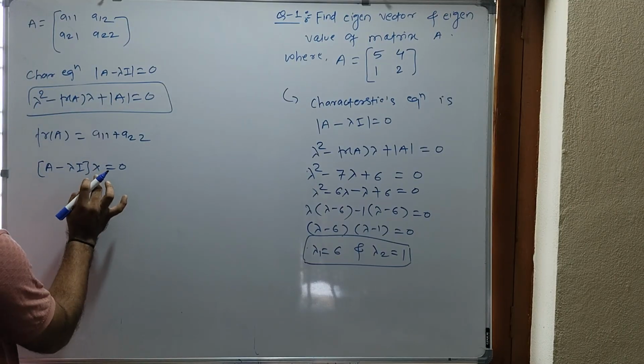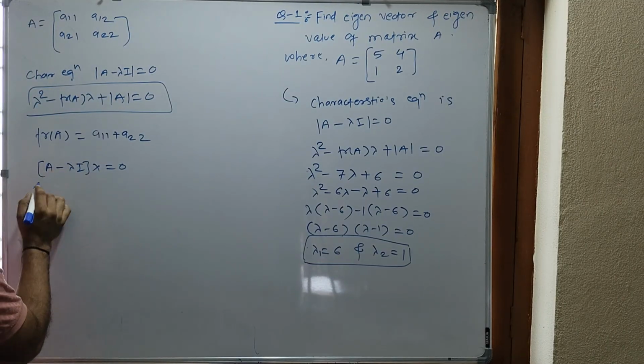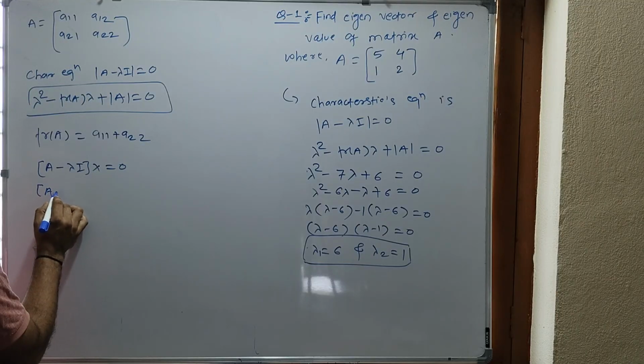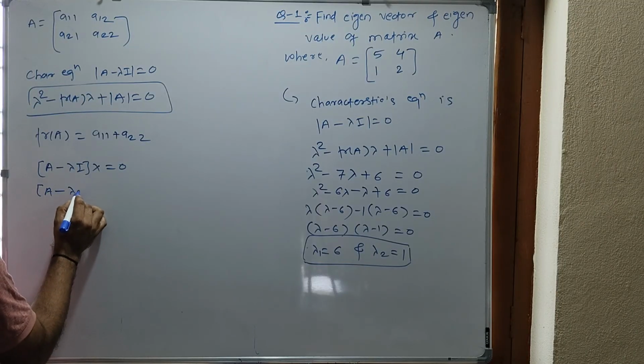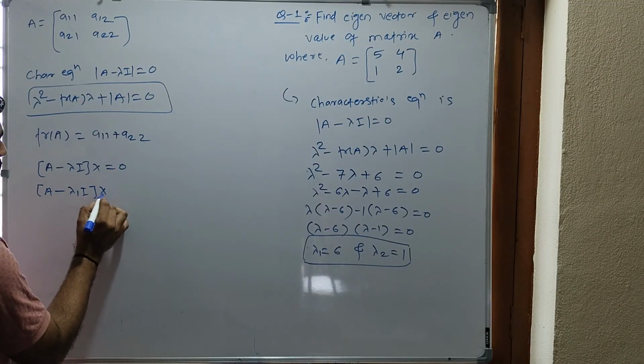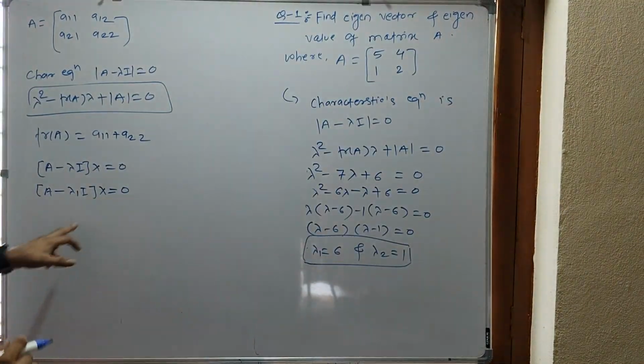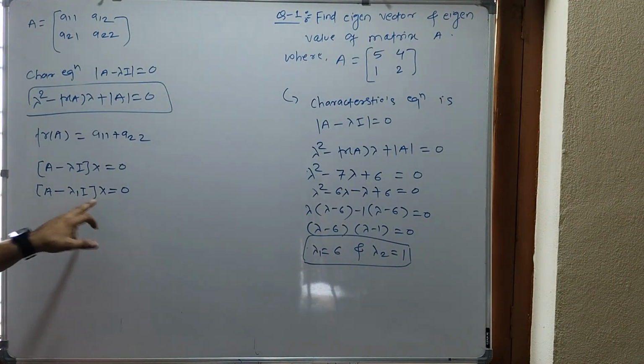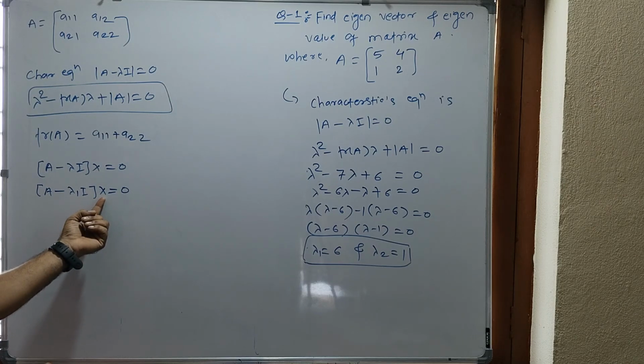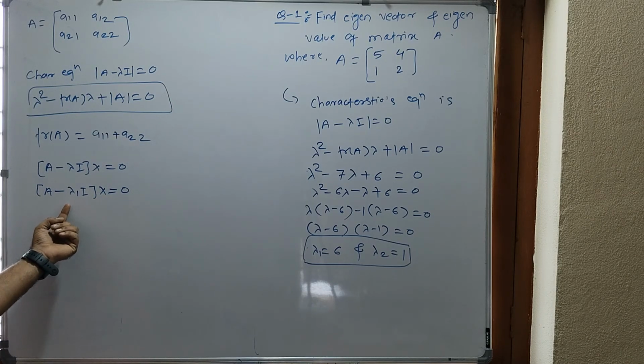I want to find the eigenvector corresponding to lambda 1, so I solve A minus lambda 1 into I into x equal to 0.